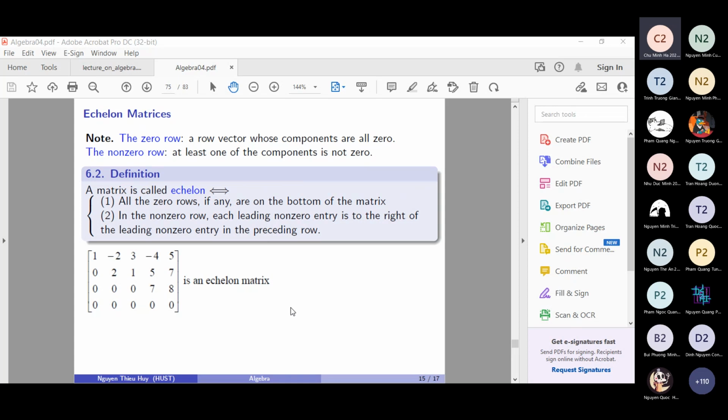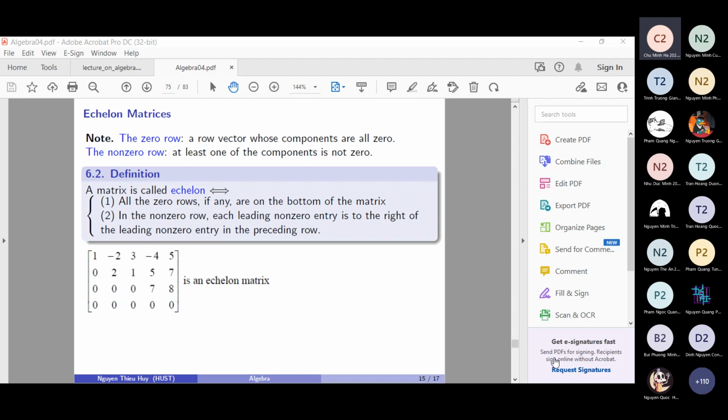If you want to obtain echelon, you have to eliminate this, because we have a chance to eliminate. While you still have a chance to eliminate, it's not echelon. Yeah? Here there is no more chance. You can eliminate no more because it's already zero, and the position is to the right already, so no chance to eliminate anymore. Then it becomes echelon.